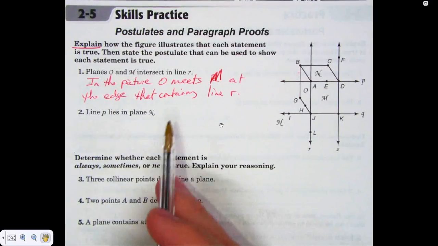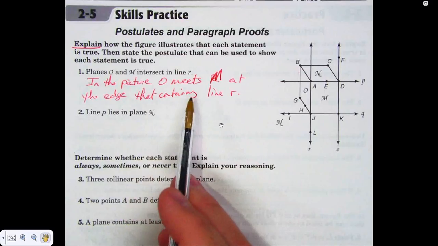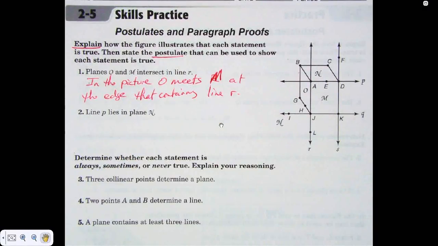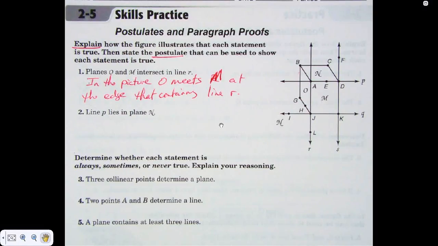Now, here's the part that needs to be right. When they say to name the postulate that describes that, well, you're in luck. When we do things like this in a month from now, we would have had about a chapter and a half of postulates to refer to.